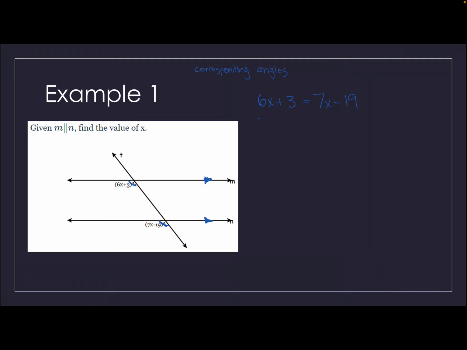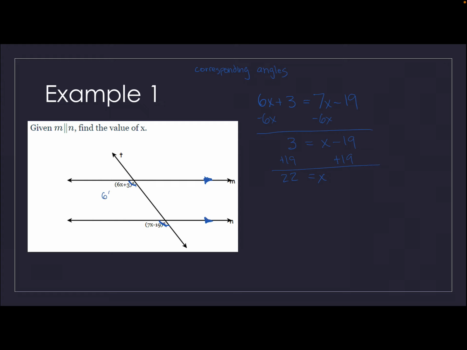And then say we subtract 6x from both sides, we get 3 equals x minus 19. Then we add 19 to both sides, so plus 19 and plus 19 is going to give us 22 equals x. Don't stop there. Substitute your value in to make sure it makes sense.